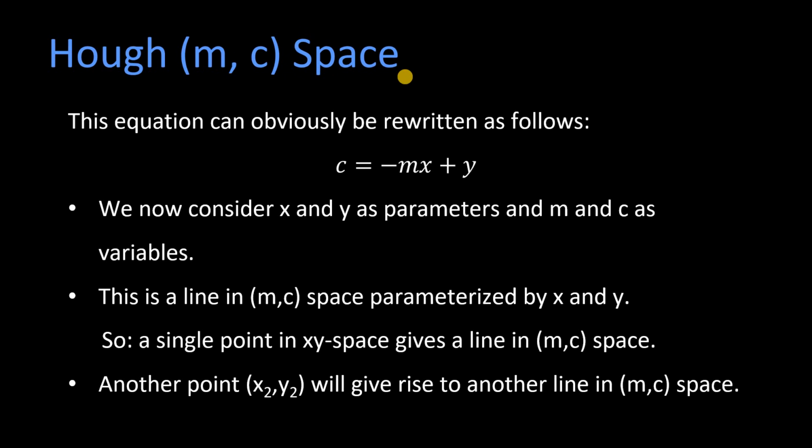So in the half space, practically the equation that you saw previously for the line, y equal to mx plus c, you can rewrite like this. Why do they rewrite it? They rewrite it in this form because now we can consider x and y as parameters and m and c as variables.